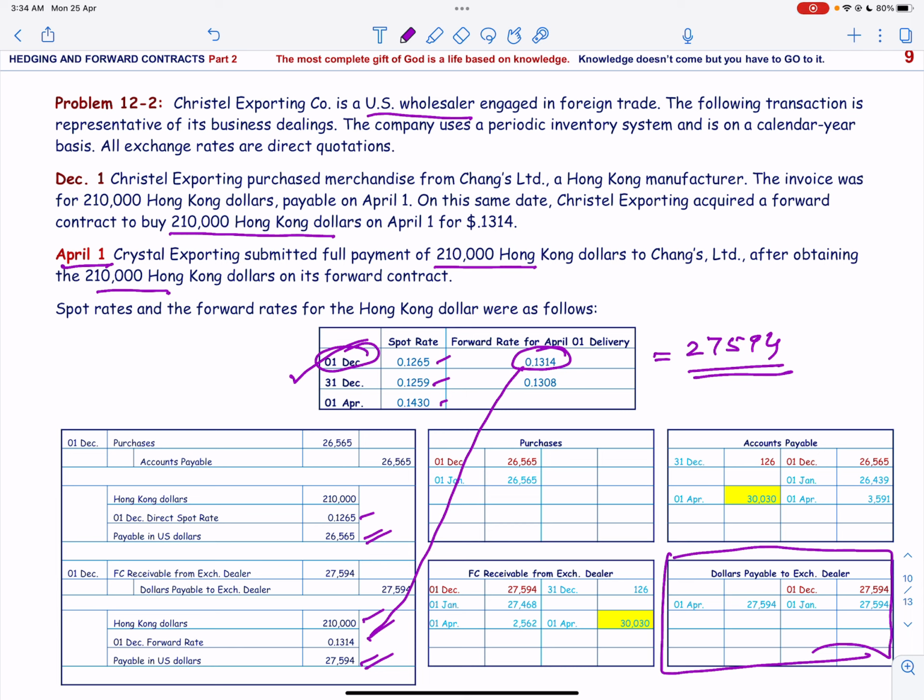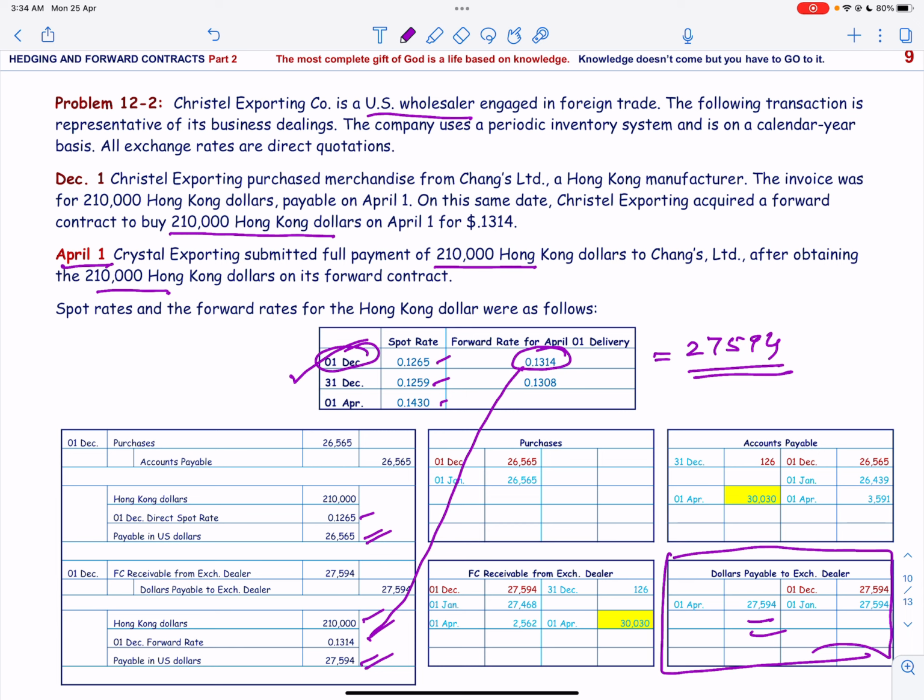So Crystal Company will pay 27,594 US dollars to the dealer, as the dealer has promised to sell Crystal Company 210,000 Hong Kong dollars at the rate of 0.1314. We can also say that 0.1314 US dollars is equal to 1 Hong Kong dollar. So Crystal has an asset and a liability when it enters into a forward contract.